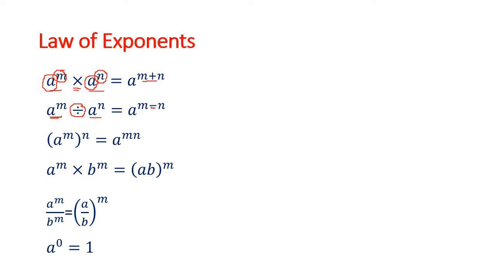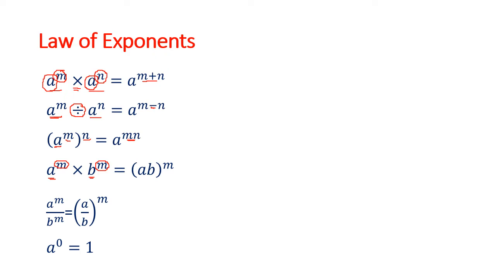In the third law, a raised to m, the whole raised to n, is a raised to mn, that is, multiplication of the two powers. For the next law, we have numbers with different bases but the same exponent.